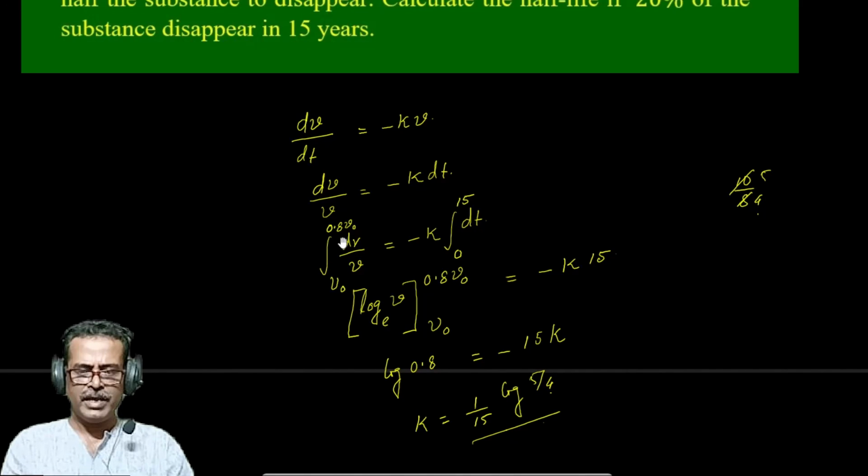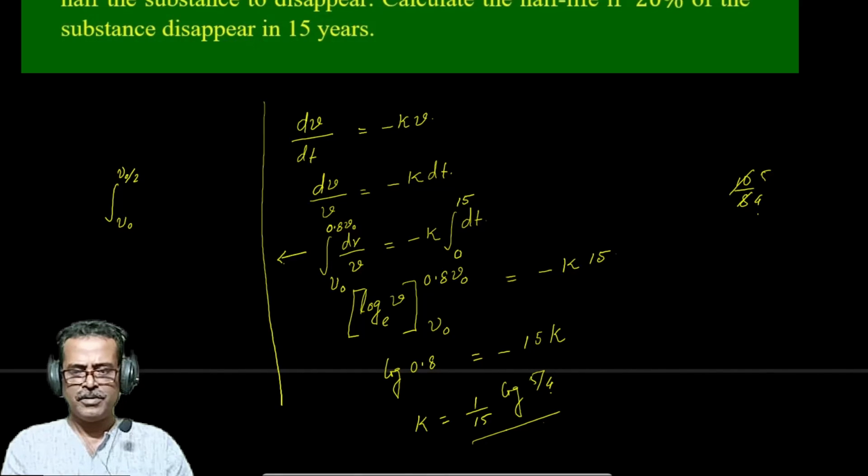Again, from V0 to V0 by 2, dV by V is equal to minus 1 by 15 log 5 by 4, integration 0 to t dt.